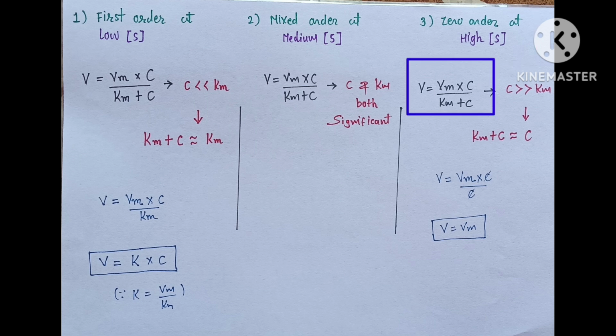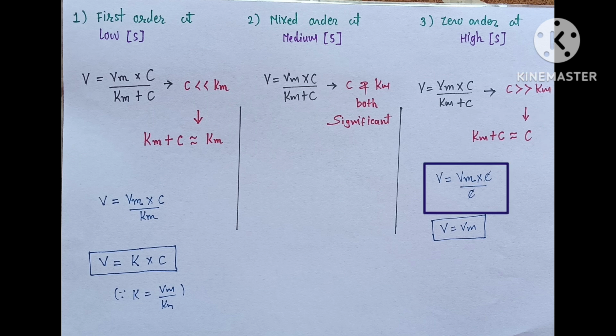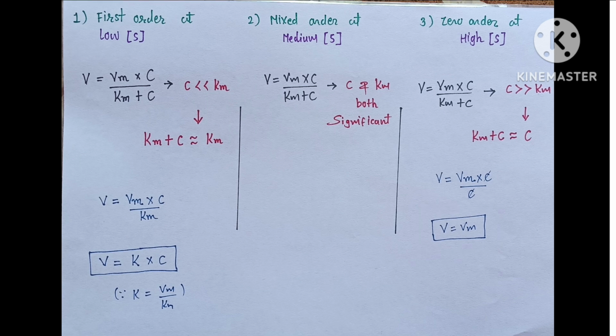V is equal to Vm into C divided by Km plus C. Here C is greater than the Km value, so Km plus C is proportional to C. We put this value into the equation: V is equal to Vm into C divided by C. So V is equal to Vm, the maximum velocity.